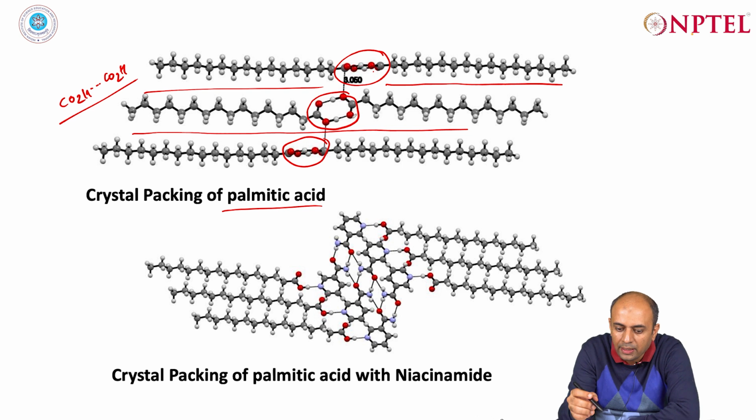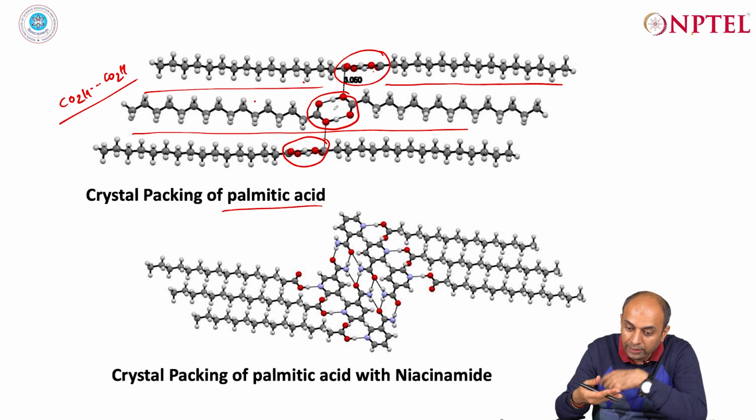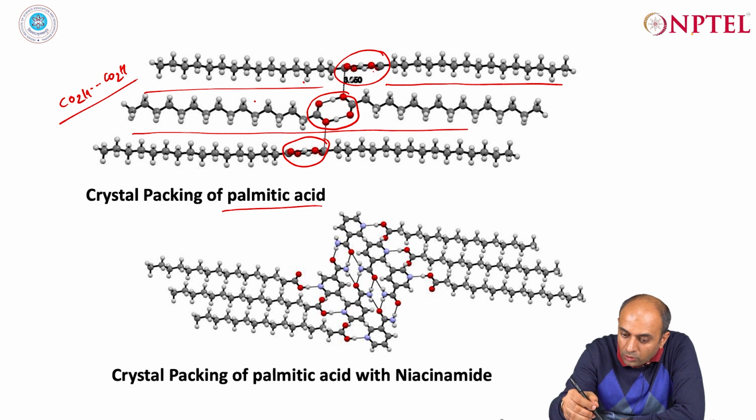So you can see that the mutual orientation of the hydrophobic part with respect to each other is different, and the mutual orientation of the hydrophilic part, which is the polar part, that is the carboxylic acid group, is also different, such that they have an orthogonal orientation. And when they have this orthogonal orientation, they also maximize their association via this short C...O contact.